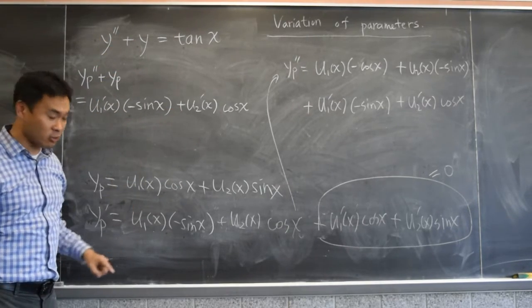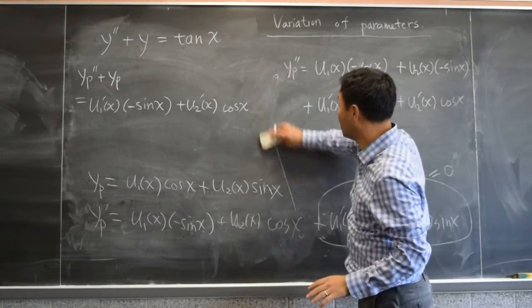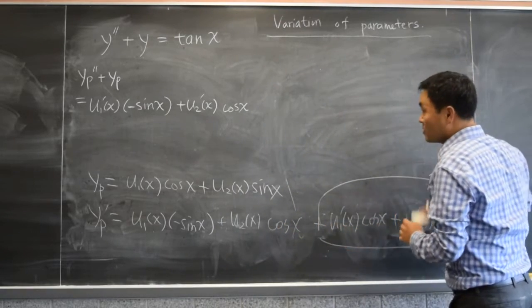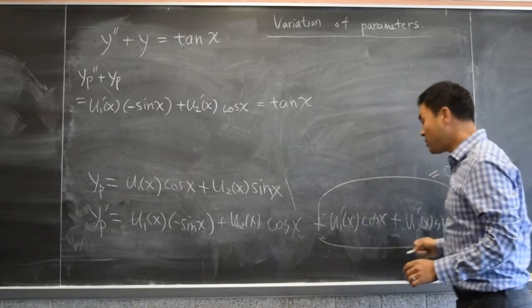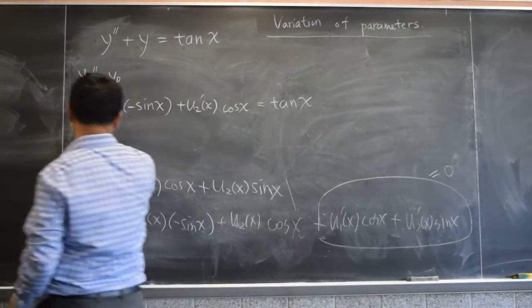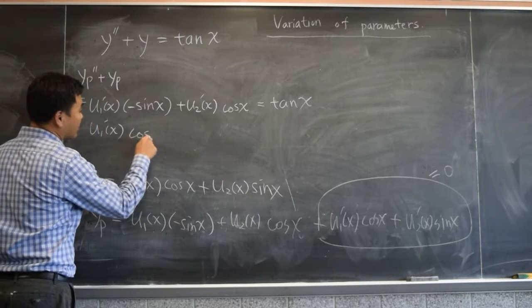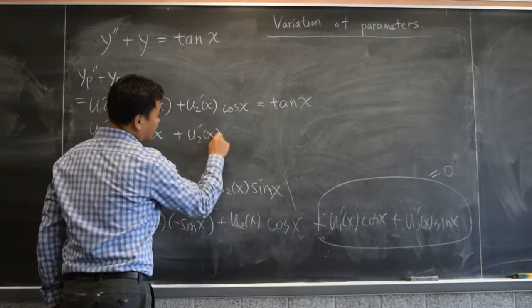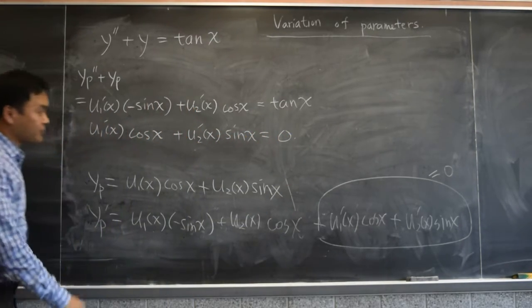What should this equal to? Tangent x. This should equal tangent x, because that's on the right side. And then we have this condition too: u1 prime x cosine x plus u2 prime x sine x equals 0.